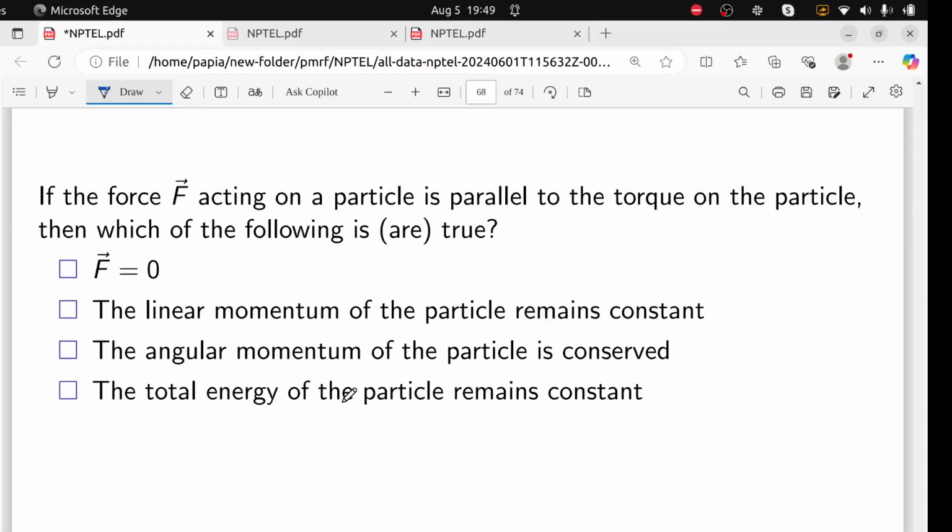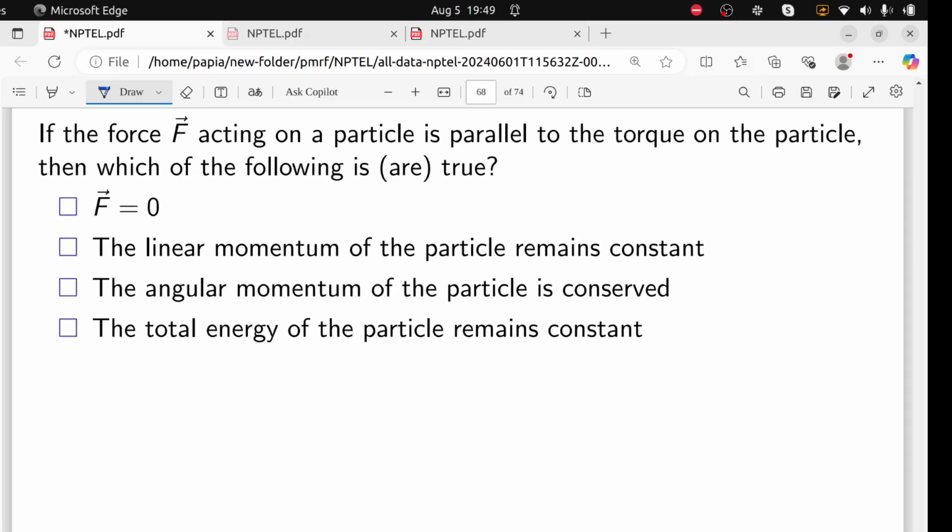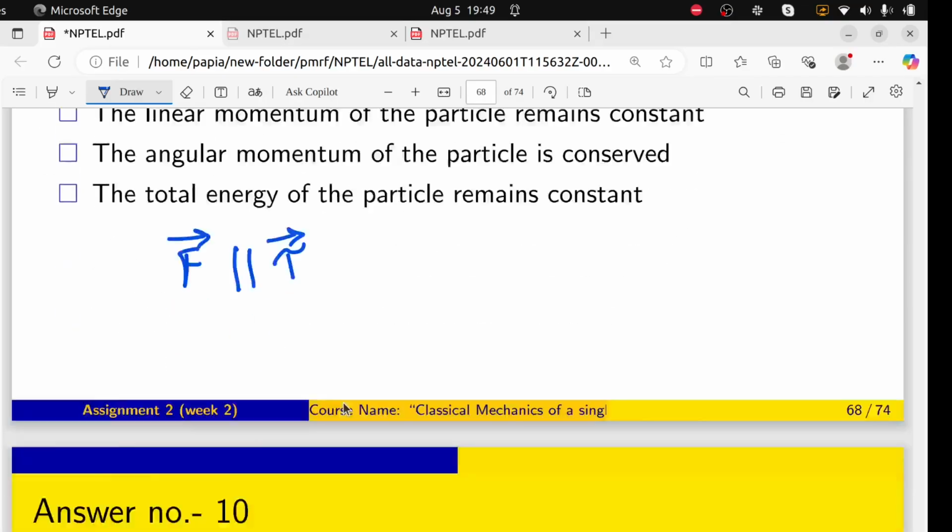Now this question: if the force F acting on a particle is parallel to the torque on that particle, then which of the following is or are true? Okay, first of all, torque. Torque is what?